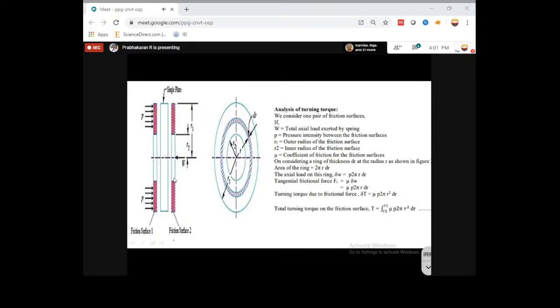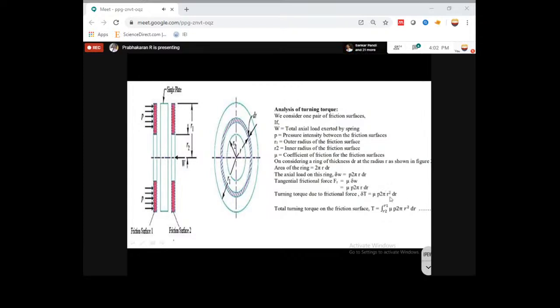Here it will rotate, so against the coefficient of friction, torque will be created. So torque equals, by the simple concept, force into distance. So force is mu into P into 2 pi r dr, and the distance is the mean radius r.